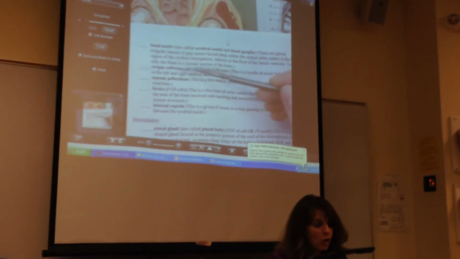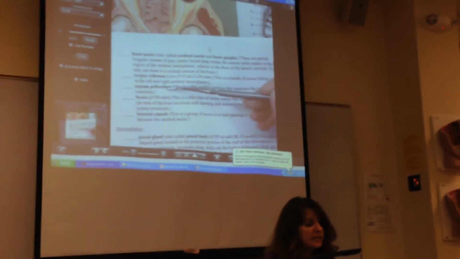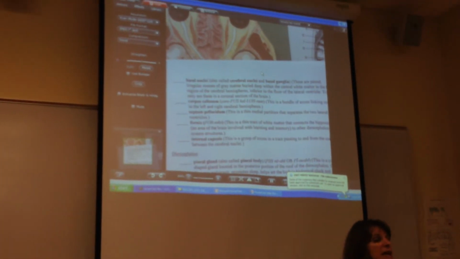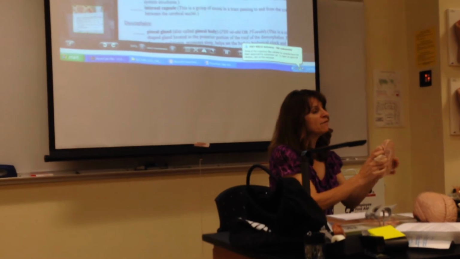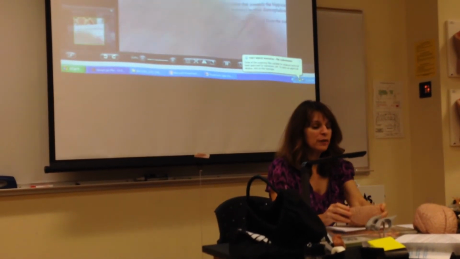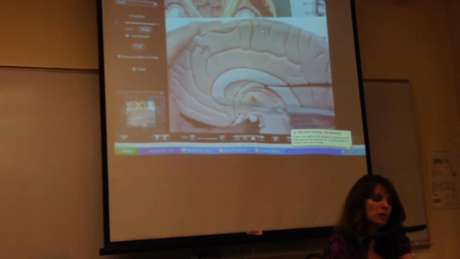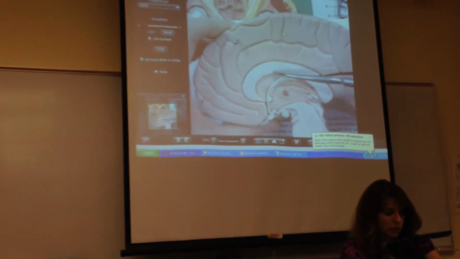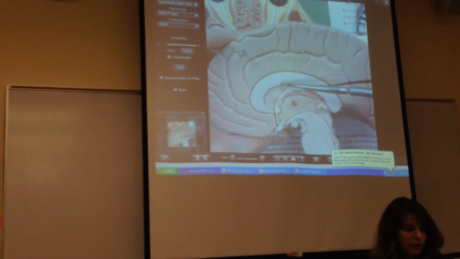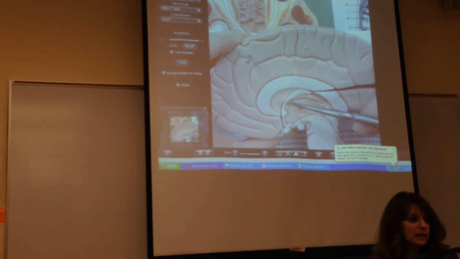Basal nuclei, corpus callosum. I didn't do the septum pellucidum. The septum pellucidum is just a thin membrane that separates two spaces that we call the lateral ventricles. So if we look over here at our section of the brain, what did we call this right here? Corpus callosum. And then what do we call this over here? Fornix.